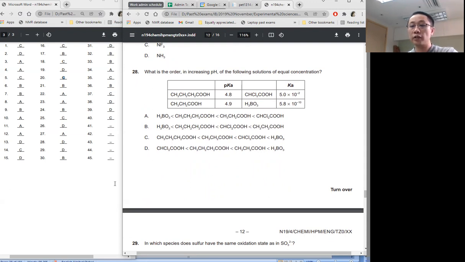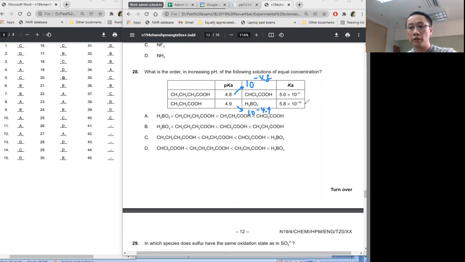The higher the Ka, the stronger the acid. Also, the lower the pKa, the stronger the acid. And the way to combine the two lists is to recognize that the pKa can be converted into Ka. It's 10 to the negative 4.8 and 10 to the negative 4.9 respectively. So clearly the chloroethanoic acid is the strongest.